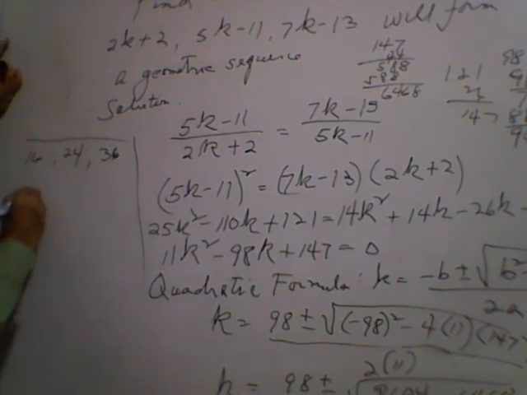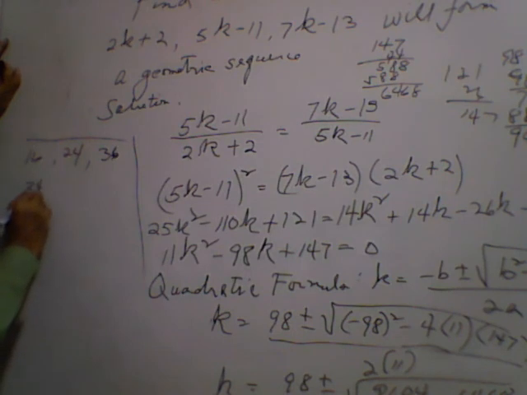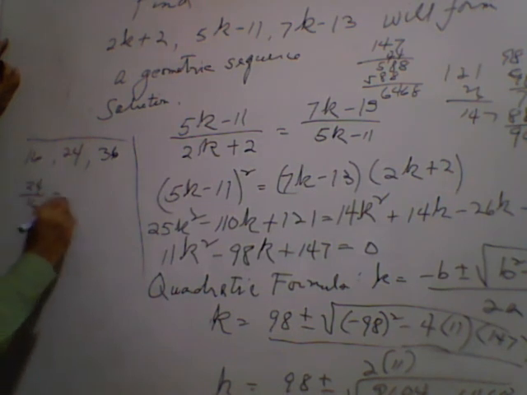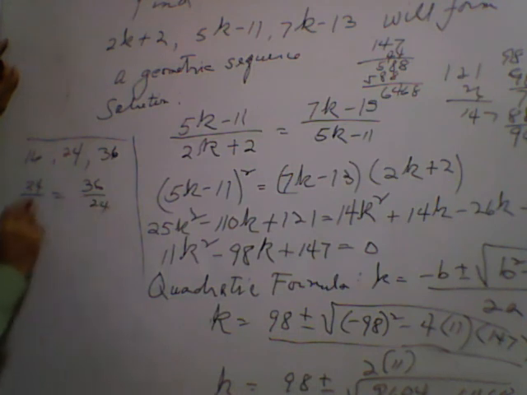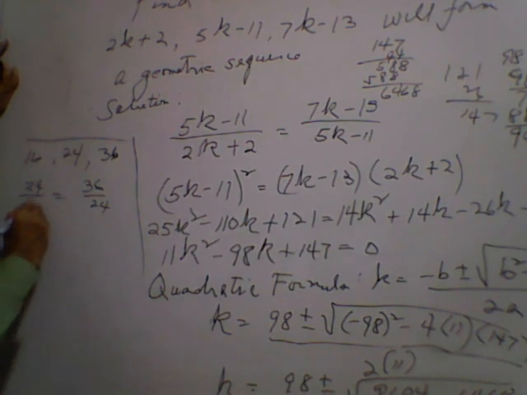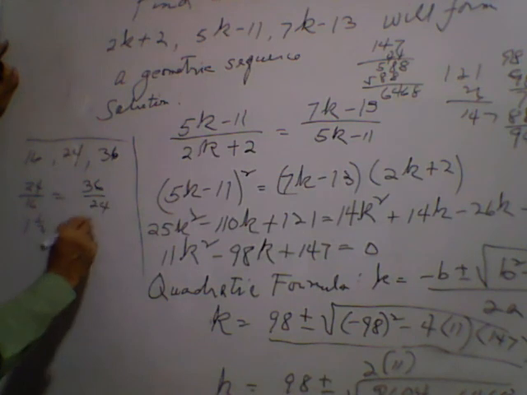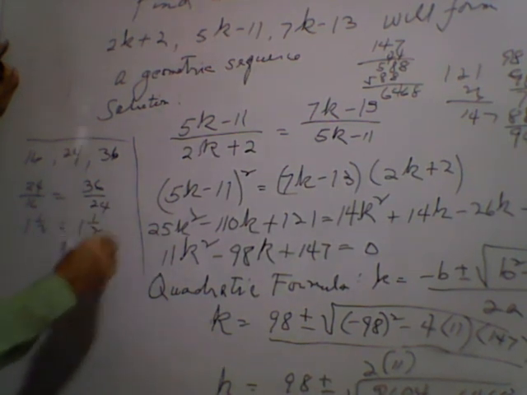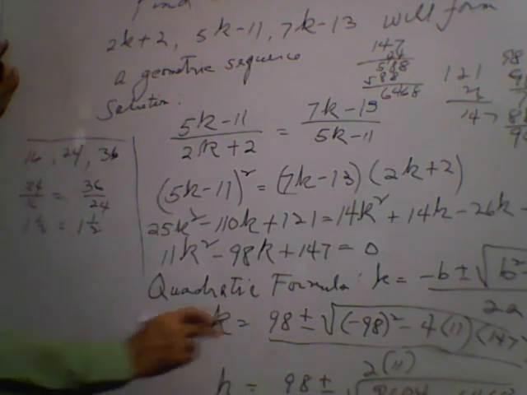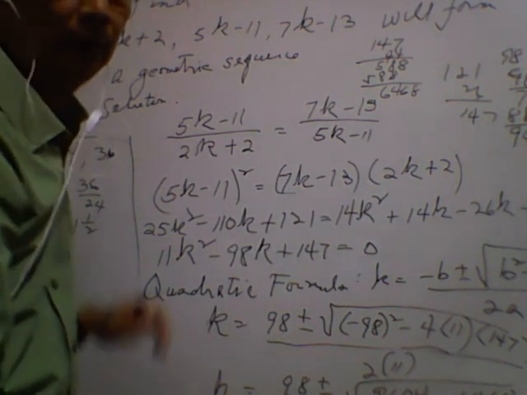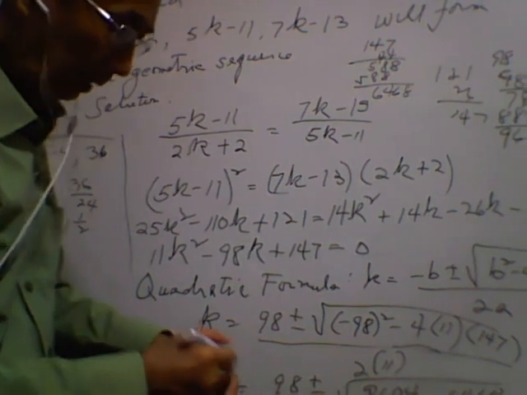So 24 over 16 should be equal to 36 over 24. So just round this off, 1 and 1/2. And this one is also 1 and 1/2. So this is a geometric sequence using k as 7. So that's it, our answer is correct.